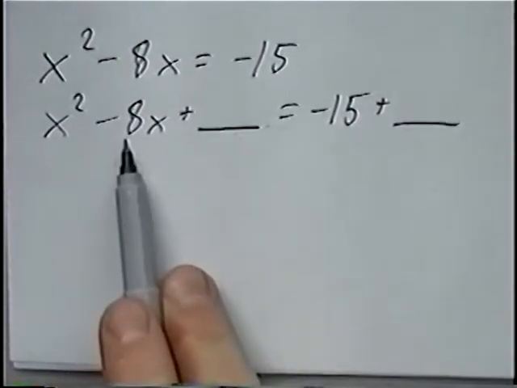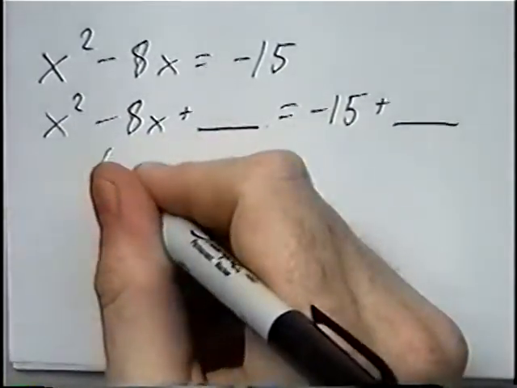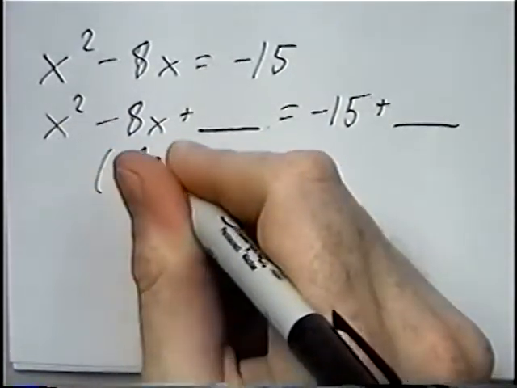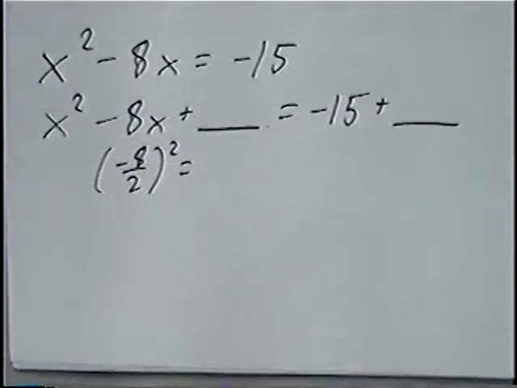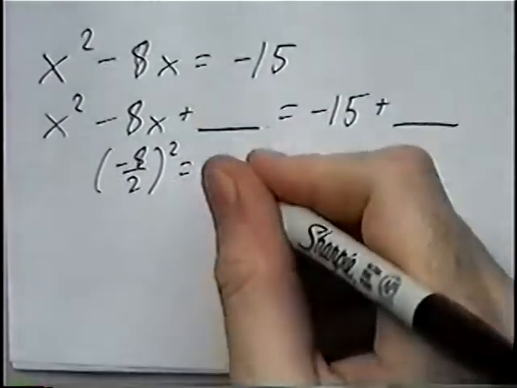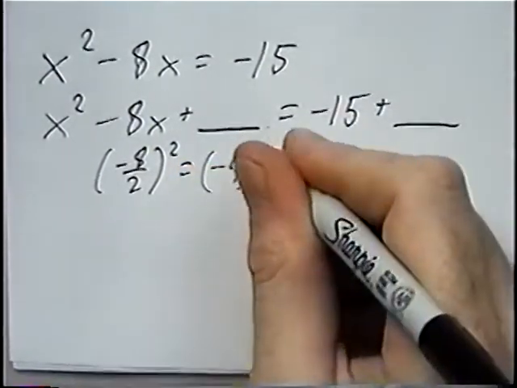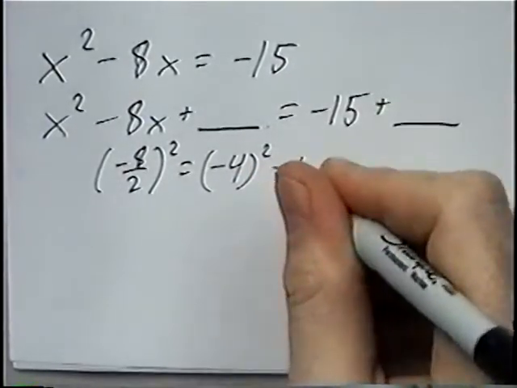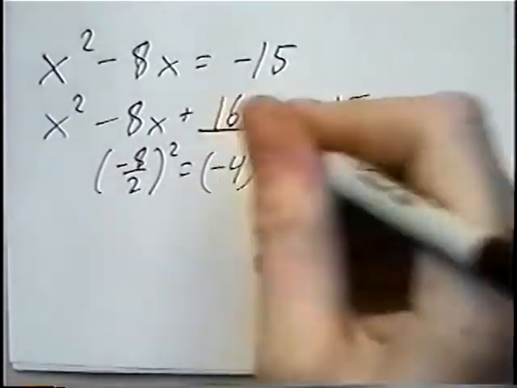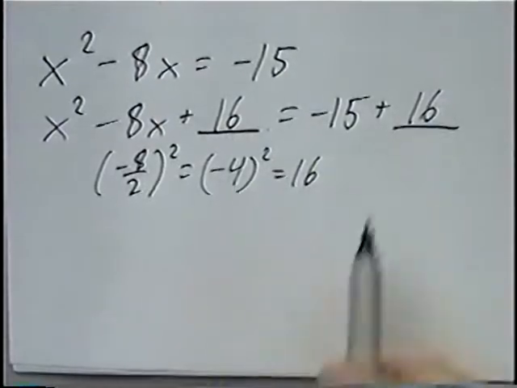To find the number, you take the value of b, which is negative 8, divide by 2, and square the number. Negative 8 divided by 2 is negative 4, and negative 4 squared is 16. So we'll add 16 on both sides of the equation.